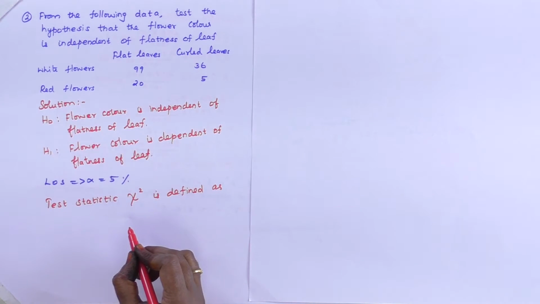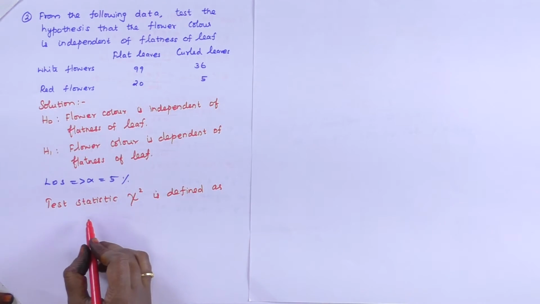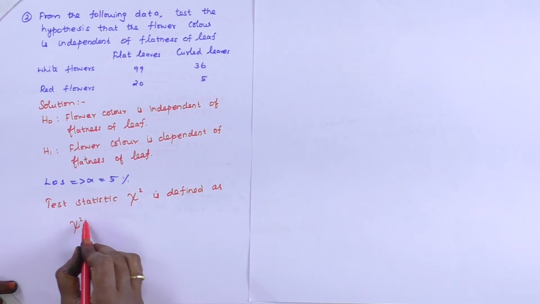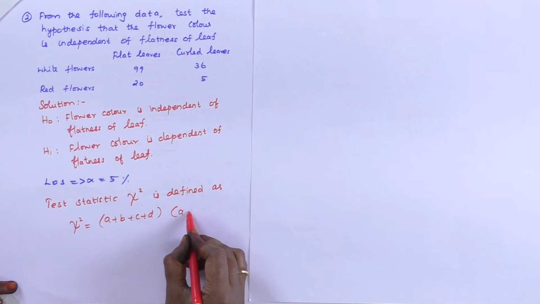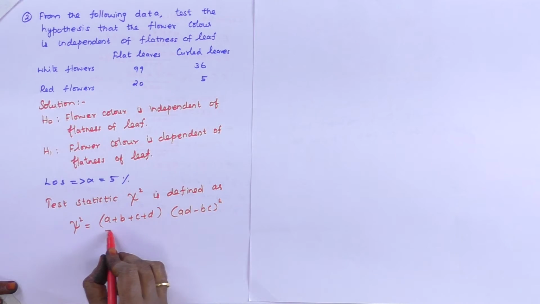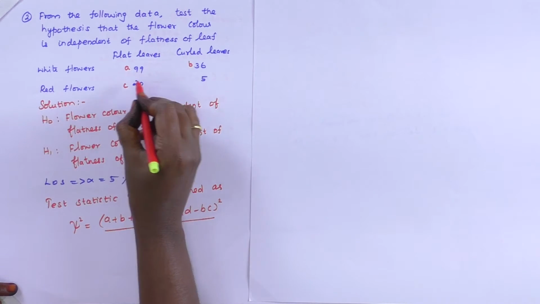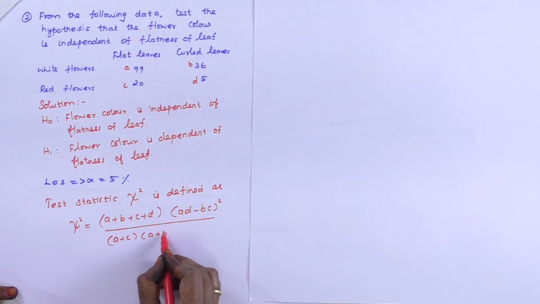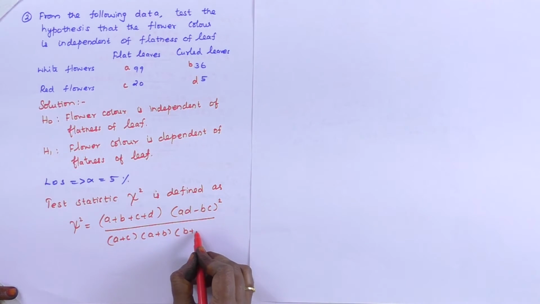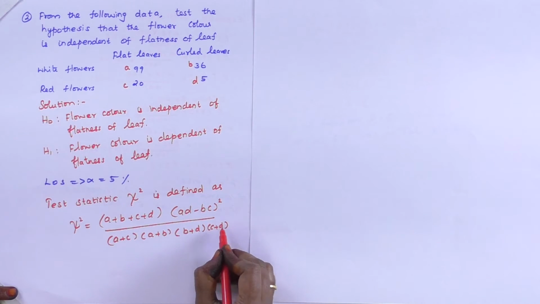Now the test statistic chi-square is defined, for a 2 by 2 contingency table, as (A plus B plus C plus D) into (AD minus BC) the whole square, divided by (A plus C) (A plus B) (B plus D) (C plus D).